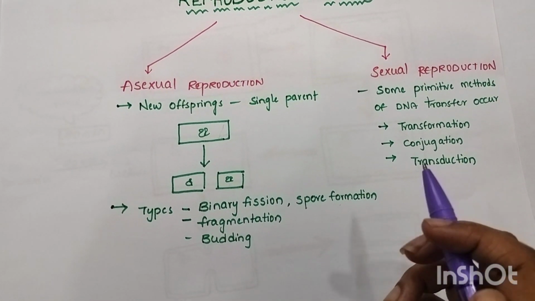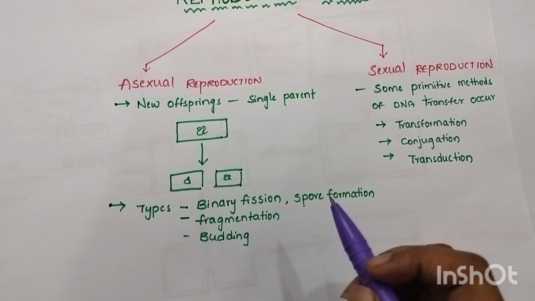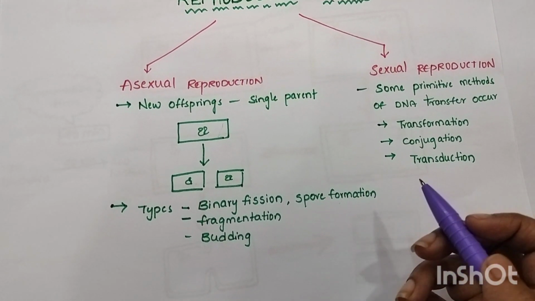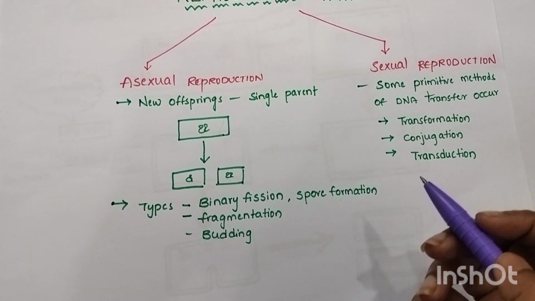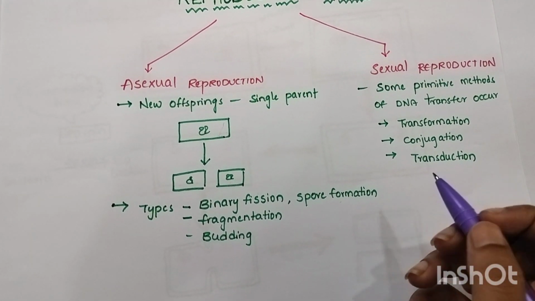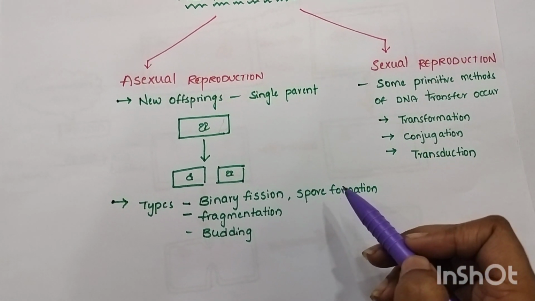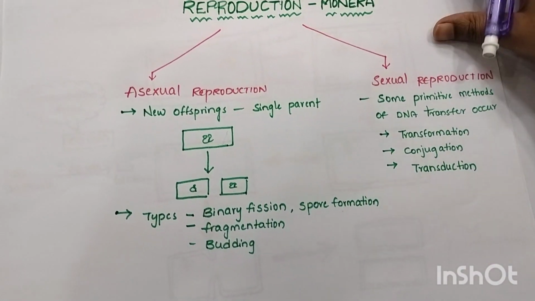Under such favorable conditions, bacteria exhibit binary fission, whereas under unfavorable conditions, like if the temperature changes, pH changes, and if there is no food left for the bacteria to eat, under such extreme conditions, bacteria exhibit spore formation. So let's see how binary fission takes place.